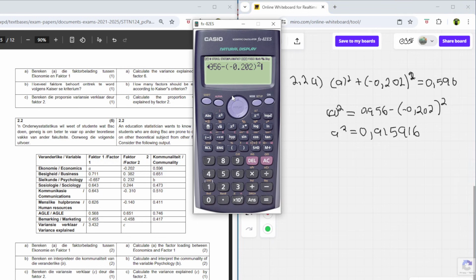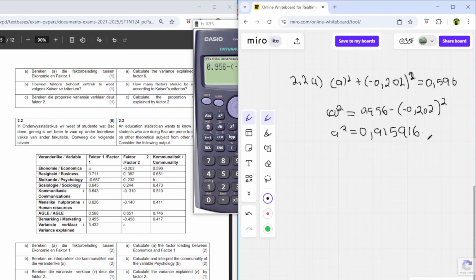Let me just double check. 915196. And then because we don't want a squared but we want a, you're going to take the square root. A is equal to the square root of this number over here.